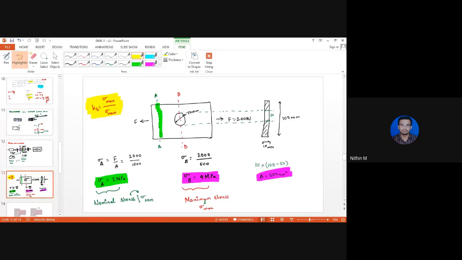If they ask you the definition of stress concentration factor, then it is defined as the ratio of maximum stress to nominal stress.